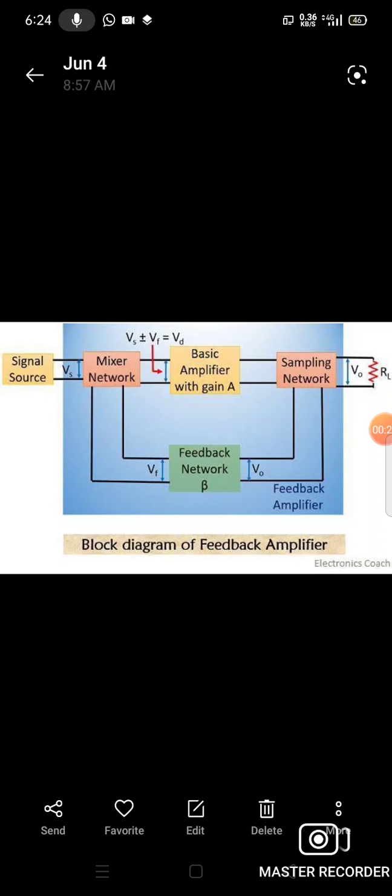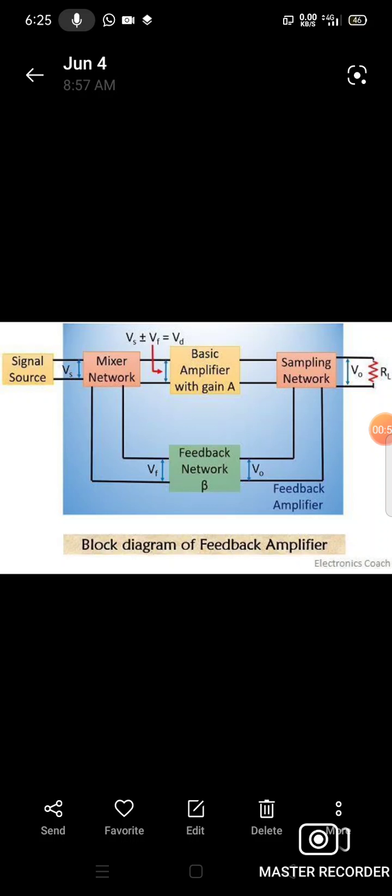Next is the basic amplifier with gain A, and a sampling network, and the feedback network is denoted by the factor beta. And what are the functions of these five blocks, and how do we perform the operation between input and output, and how do we take the variables in between each block, right?